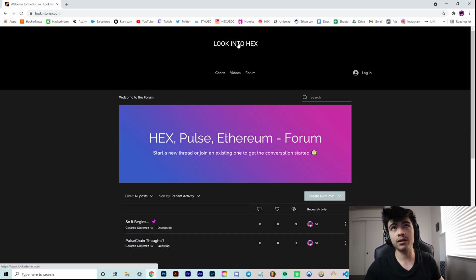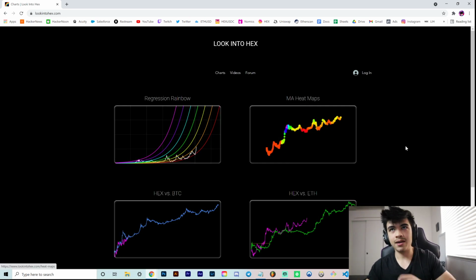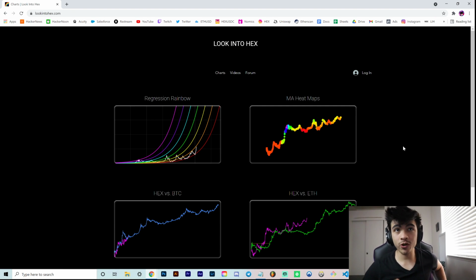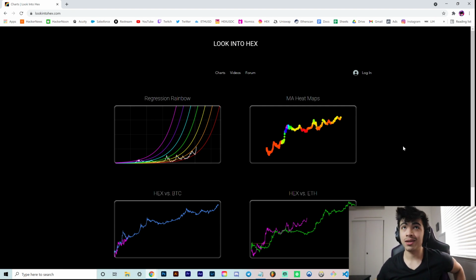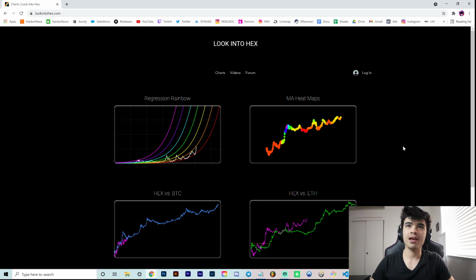If you click on Look into HEX, the title, it just takes you back to the homepage. And big shout out to Look into Crypto, because he was actually the one who gifted me this domain, lookintohex.com. Super clean. He snagged it back in the day, I believe, and was kind enough to say, you know what you're doing, talking to me, right? What you're doing fits a lot with the name.